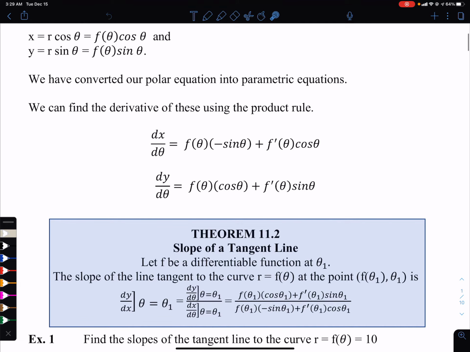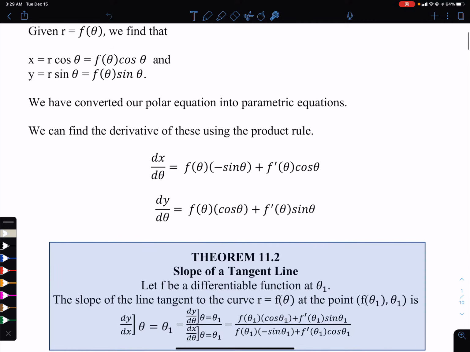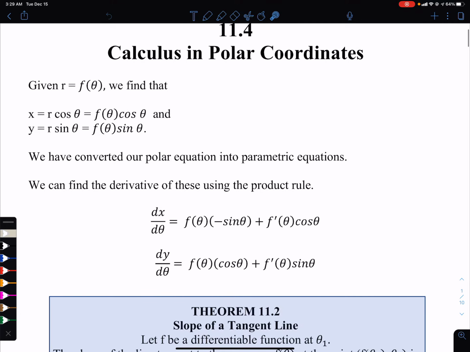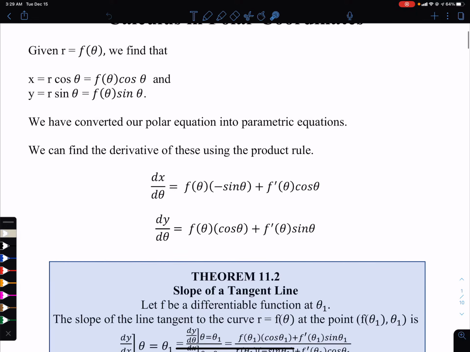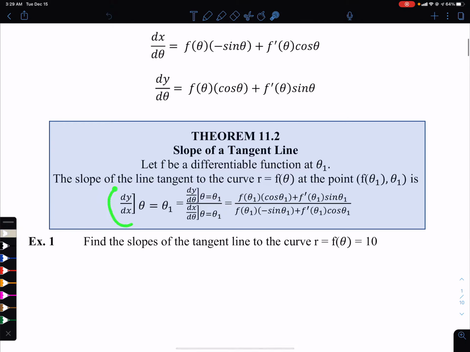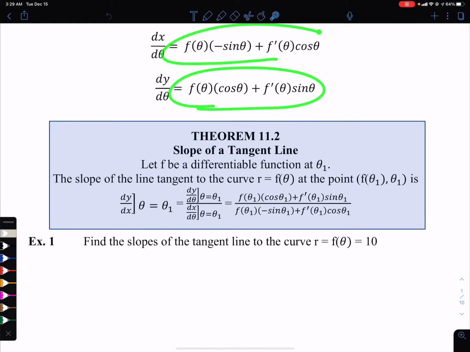And so now we can find the slope of a tangent line for polar coordinates because we did this with parametric. In parametric, to find dy dx, we took dy d theta over dx d theta and divided. And it's actually dt, but it's just a variable, so it doesn't matter. So we found dy d theta right here and dx d theta here, so you just plug that in.